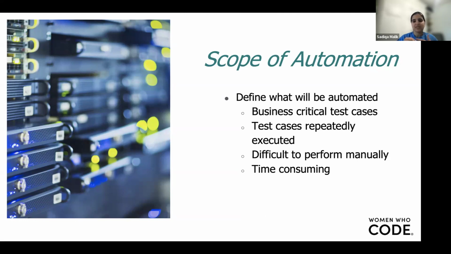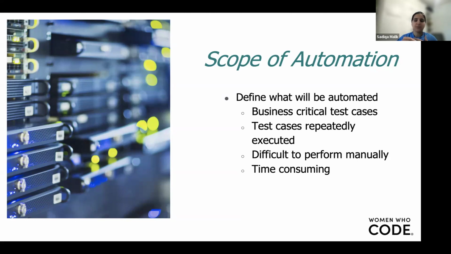So certain test cases might be difficult to execute manually, or they are easy to execute but they take a lot of time to run, right? So they're time consuming. These are the test cases which make good candidates to start with your automation process.